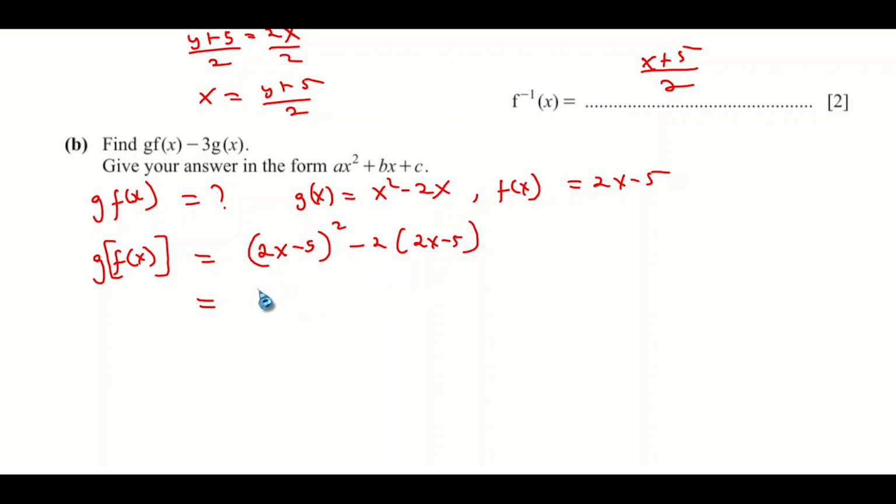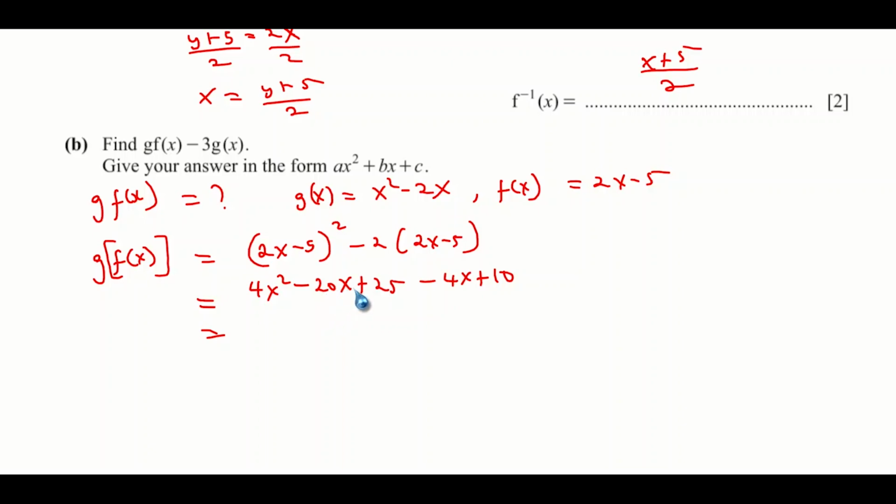If you expand this, you should get 4x squared minus 20x plus 25, then minus 4x plus 10. That is minus 2 times 2x, that is minus 4x, and minus 2 times minus 5, that is plus 10.